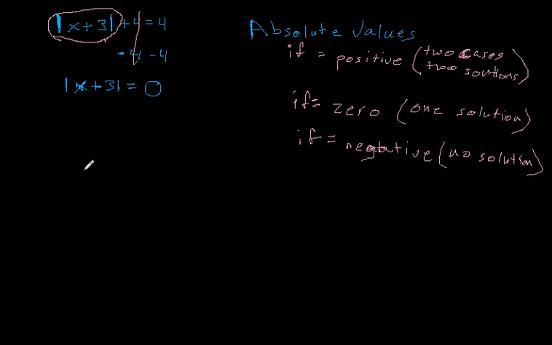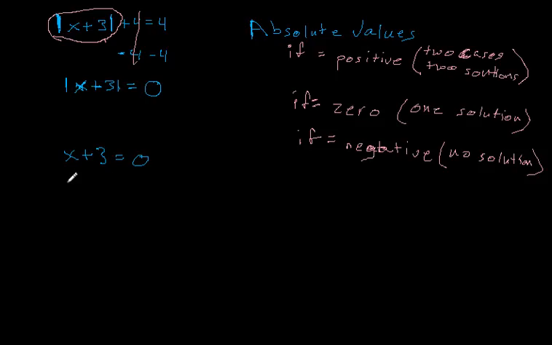And this is what we're going to do. I'm going to get rid of, on this next step, I'm going to pull away the absolute value symbols and say x plus 3 equals 0. Okay? And I'm going to isolate for the value of x. What does x have to equal to make this statement true?